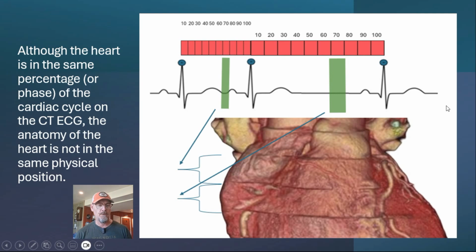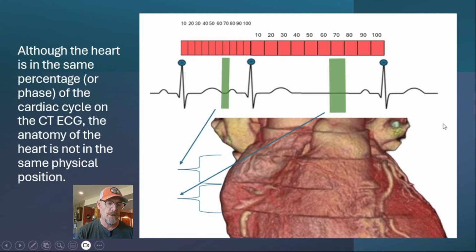Now, this can happen from a couple of different factors, but in this particular case, although the heart is in the same percentage or phase during the scan on the cardiac cycle in the CT-ECG, the anatomy is not going to be sitting in the exact same place because of the big differences in the heart rates between each beat.